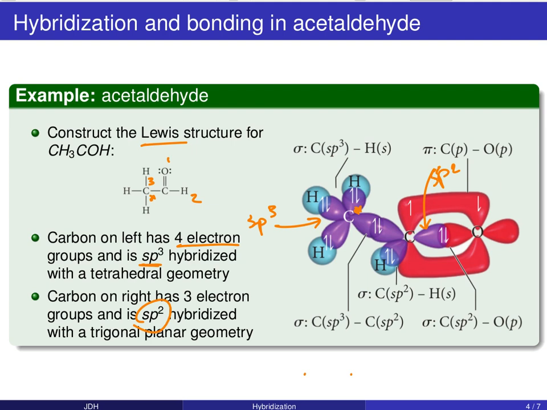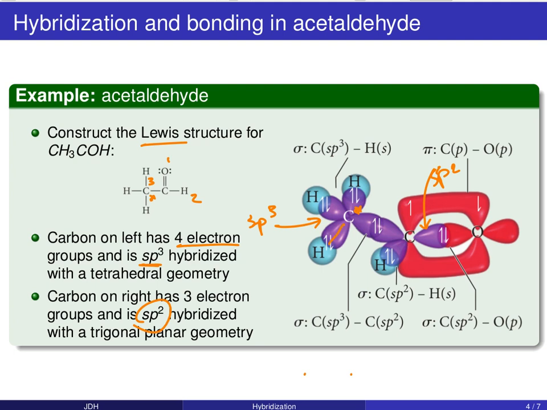Okay, and once we've built up the hybrid orbitals on both of these carbons, we're now ready to go back and identify the specific types of bonds that are occurring based on the specific orbital overlaps. So the first carbon here, we'll go back to our starred carbon, has all these sp3 orbitals.